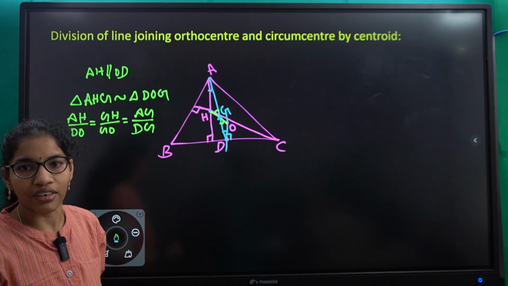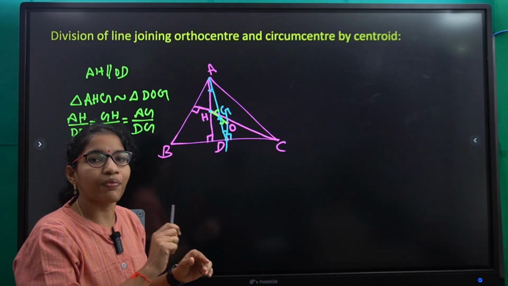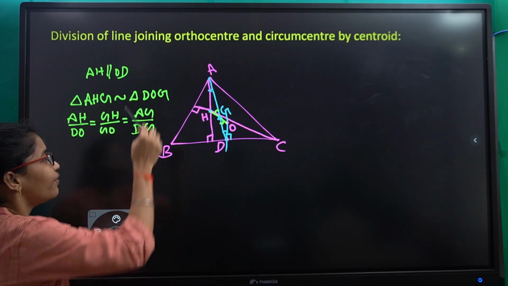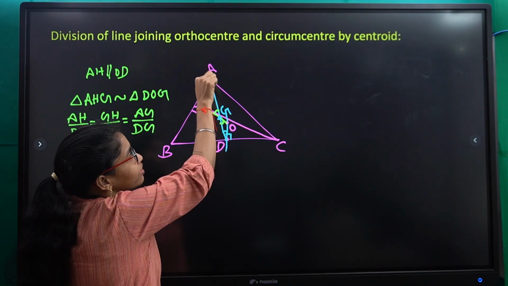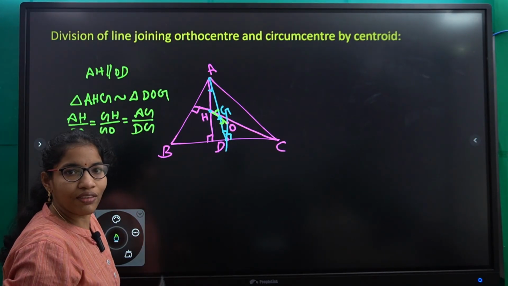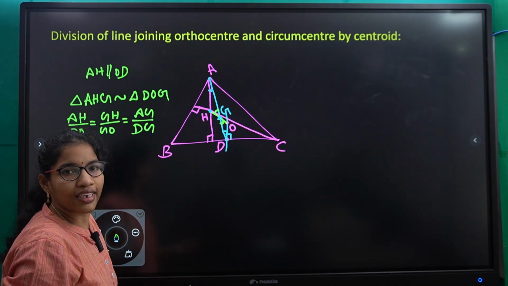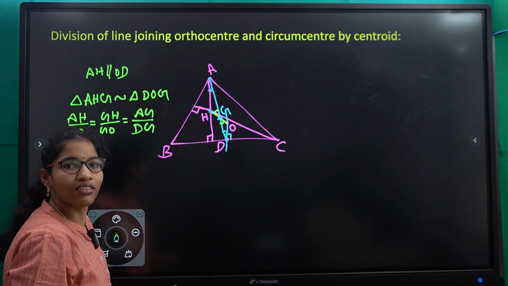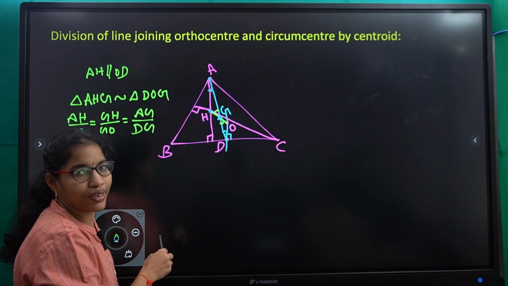So already you know that here Z is the centroid, H is the orthocenter and O is the circumcenter. Already we have seen the distance from the orthocenter to the vertex. So already we proved, right? From the orthocenter to the vertex of the triangle it is 2R cos A, and from the orthocenter to the side, what is the distance? 2R cos A cos B, right?